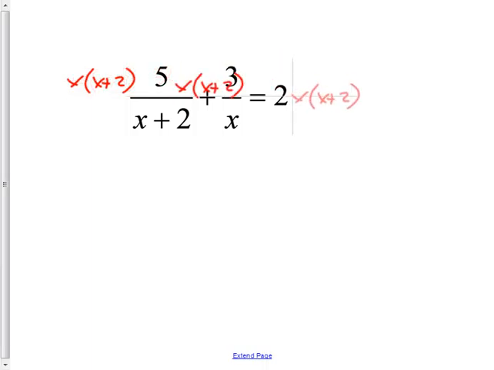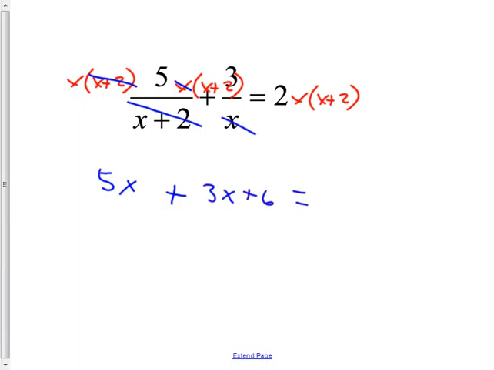And it needs to go there. Got one on each part. It's a lot to write, I know. Stuff cancels. Cancel, cancel. 5x plus cancel, cancel. 3x plus 6.